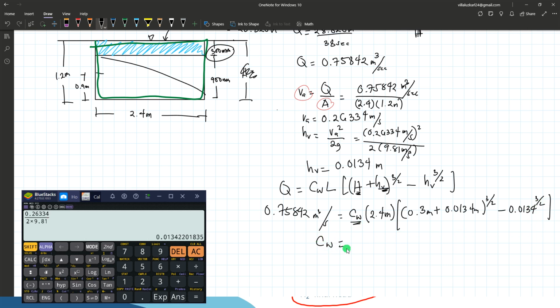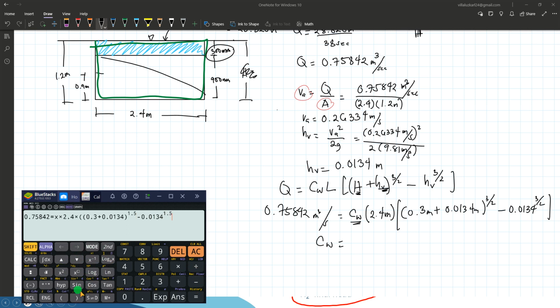The only unknown is CW. I will directly solve that. 0.75842 is equals to unknown CW times 2.4 times the quantity of 0.3 plus 0.0134 raised to 3 halves, that's 1.5, minus 0.0134 raised to 3 halves, or 1.5.